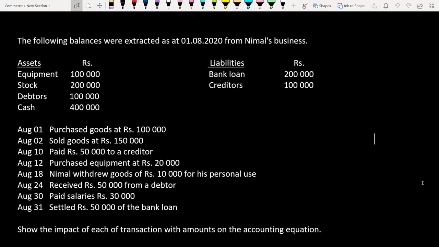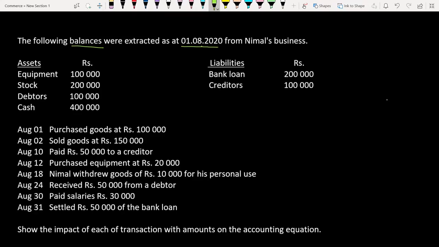In this video, I explain how to show the impact of transactions on the accounting equation. Let's take an example. The following balances were extracted as at 1st of August 2020 from Nima's business. 1st of August is the first day of the month of August.